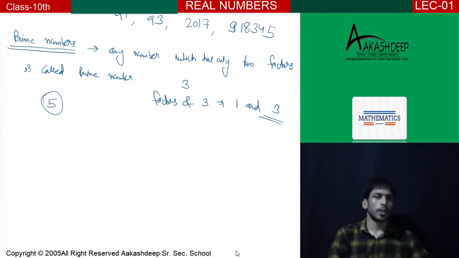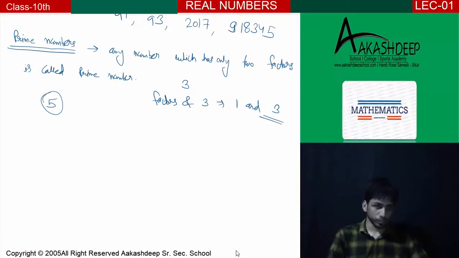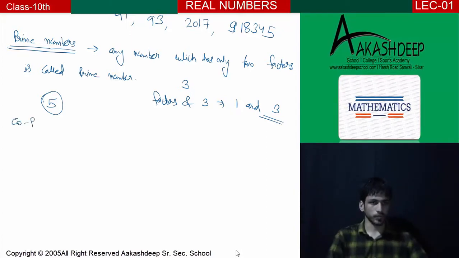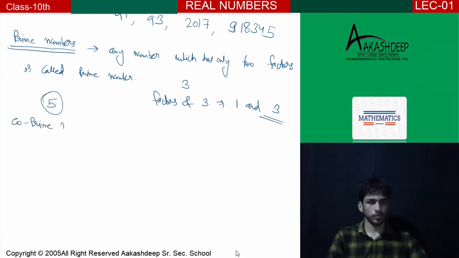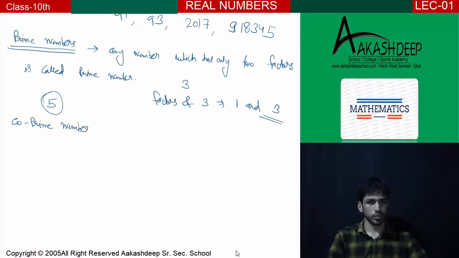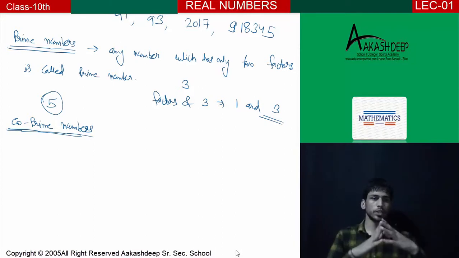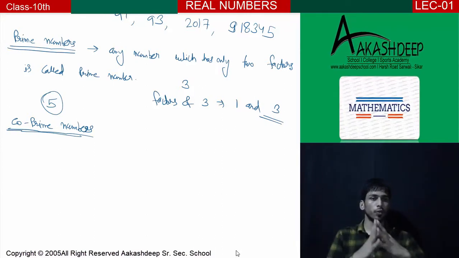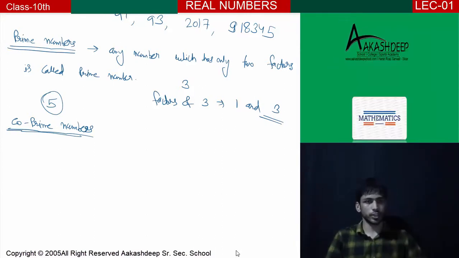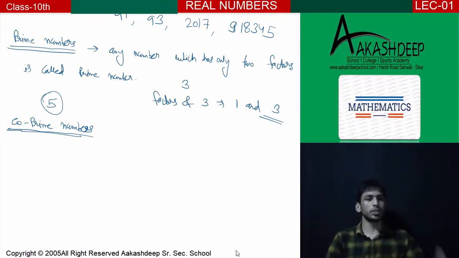Okay, and next we have co-prime numbers. So what are co-prime numbers? Any 2 numbers are called co-prime numbers if 1 is the only common divisor. They don't have any common divisor except 1.